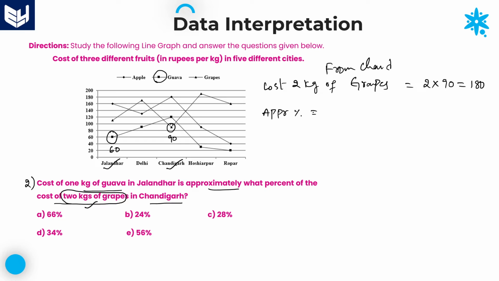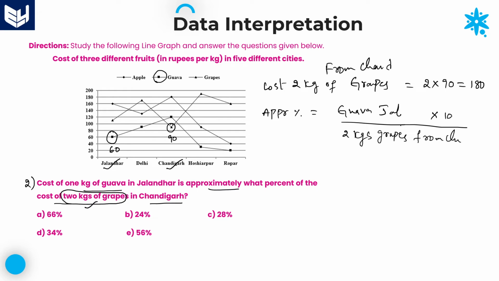Here, the required approximate percentage is equal to guava at Jalandhar per kg divided by 2 kgs of grapes from Chandigarh. That we need to take into consideration.